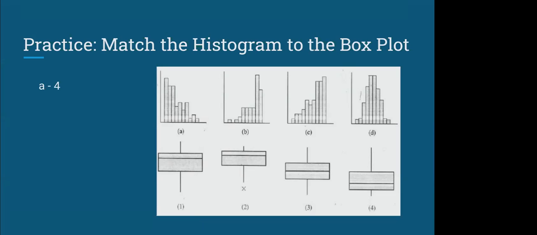All right, let's talk about C. C, left skew, right skew, symmetric. What are you thinking? Left skew, right? So C is left skew. So we either have 1 or 3. Is it 1? Absolutely.